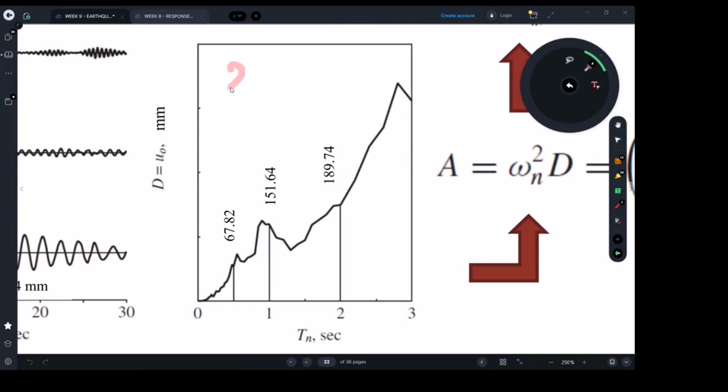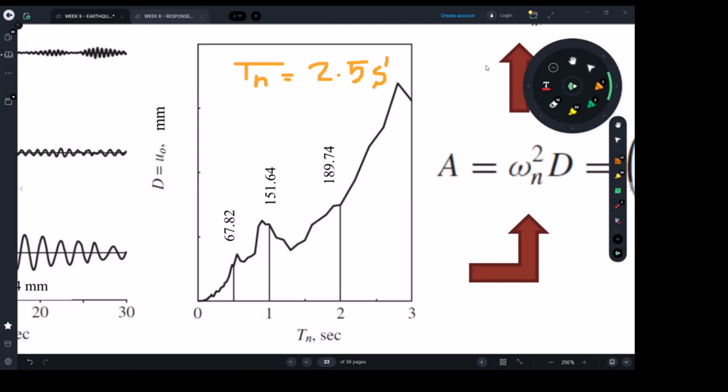So your time period is 2.5. What's the deformation roughly?